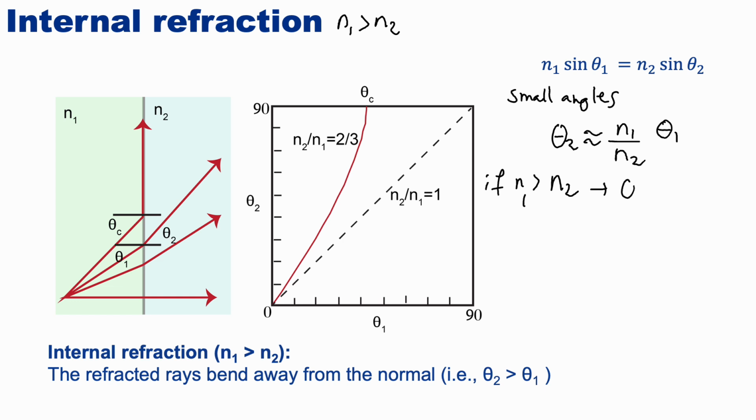This means that theta 2 is higher than theta 1. So the refracted ray goes away from the normal.